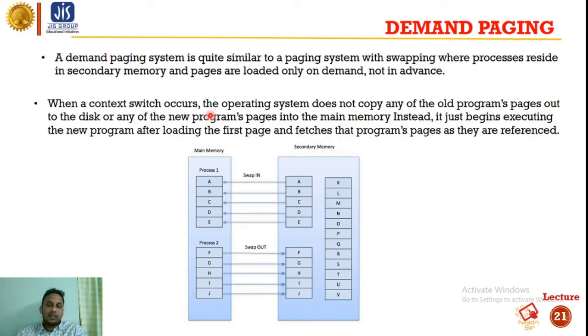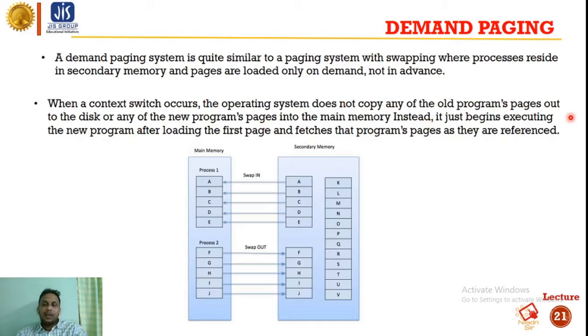When a context switch occurs, the operating system does not copy any of the old program's pages out to the disk or any of the new program's pages into the main memory.